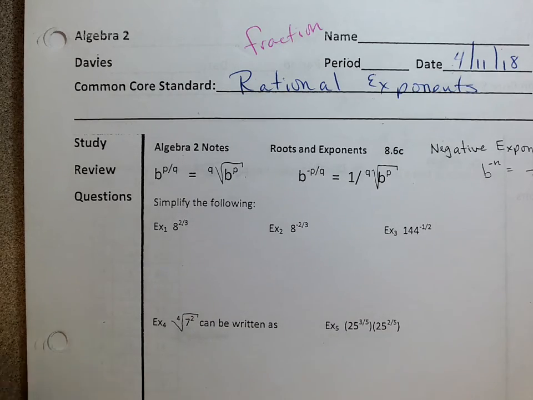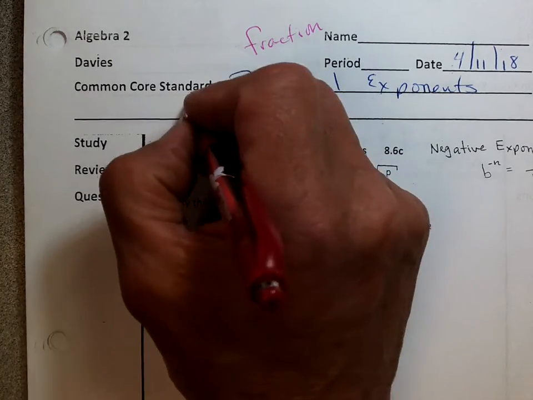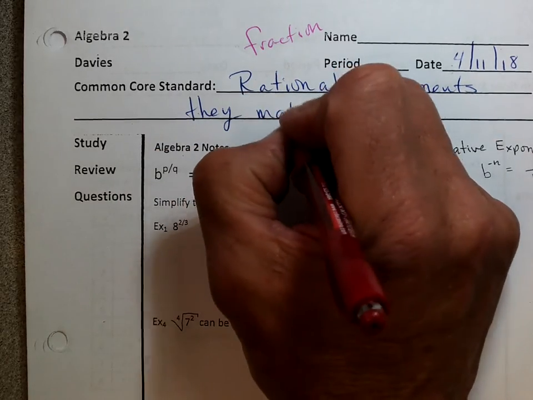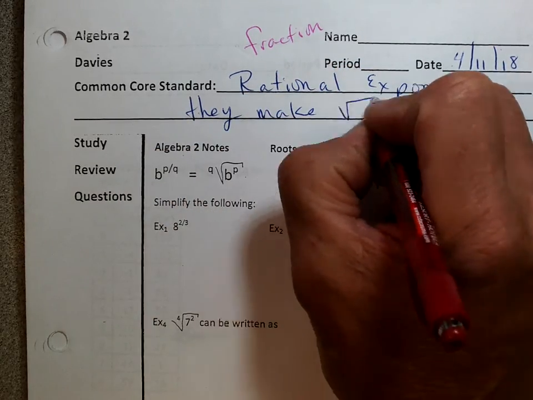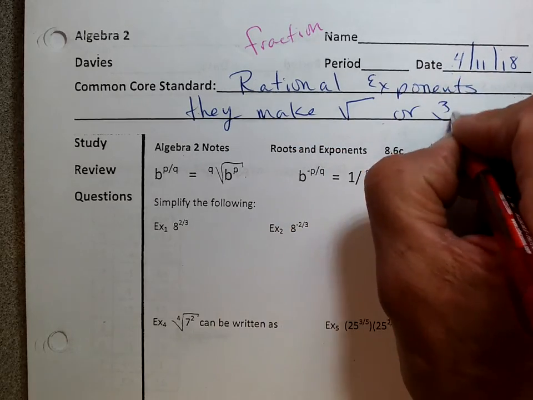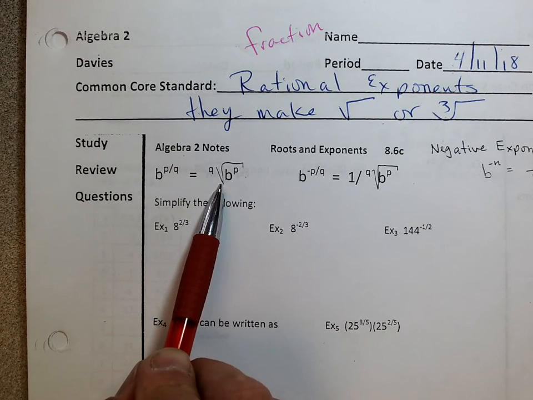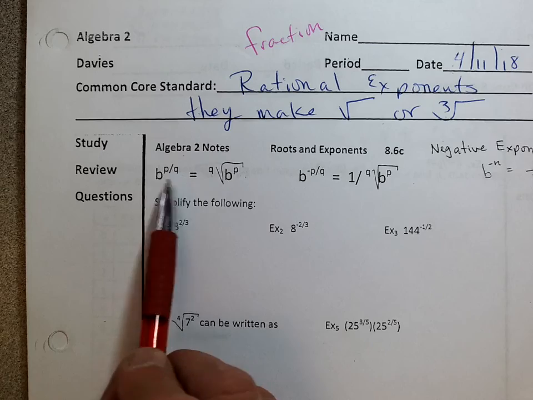So fractional exponents, here's your English, this is not very mathematical, they make roots, like square roots or cube roots or whatever. Fractional exponents mean roots.